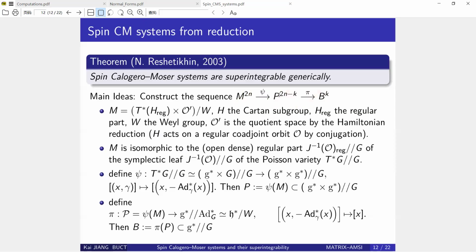The second one is a Poisson manifold, and the third one is the trivial Poisson manifold. The proof is standard, just a construction. We use the normal form or something; we just construct psi, pi, and the trivial Poisson manifold. We can write it explicitly.